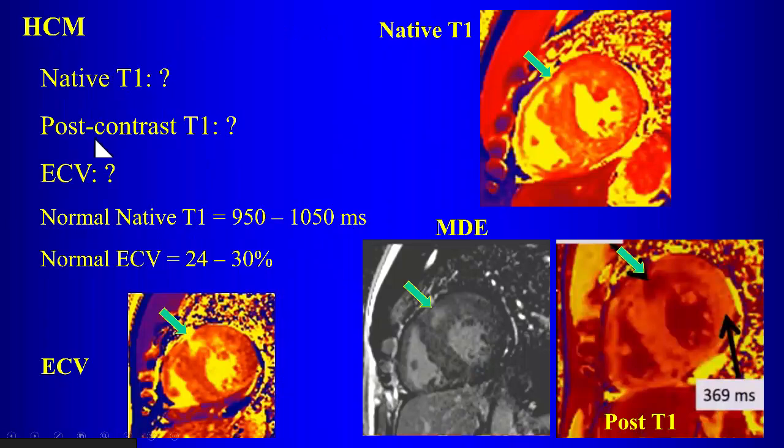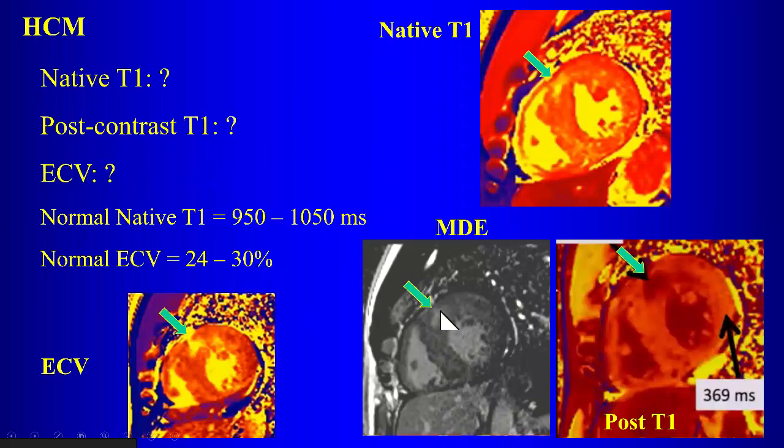So with hypertrophic cardiomyopathy, what do we expect to see with the native T1? See it there. What does pathology usually do to the native T1? It goes up. The post-contrast T1 goes down, right? And the ECV goes up.